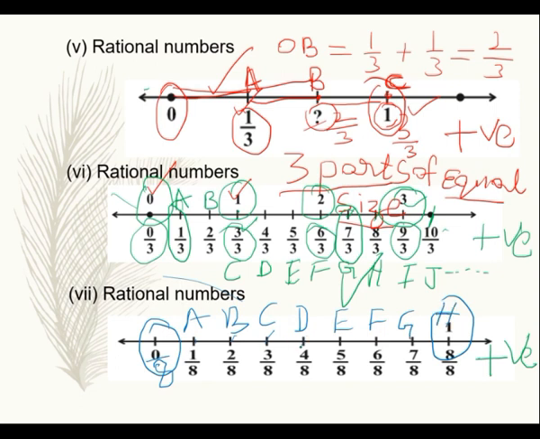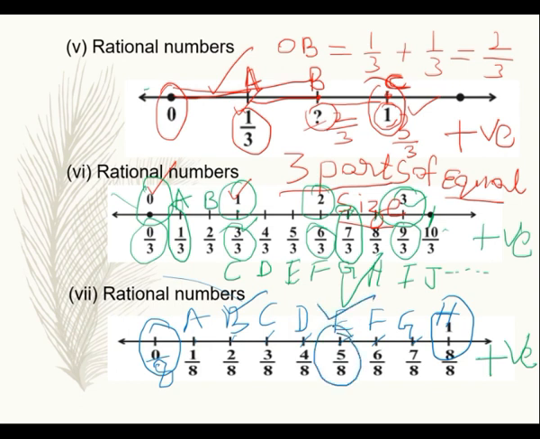Here, each point tells me how far it is from 0. A tells me 1 by 8, which means it is 1 by 8 part of the distance from 0. The point B is 2 by 8 part of the distance from 0. And C is 3 by 8 parts of distance away from 0. Like this, if I want to represent 5 by 8, which point represents 5 by 8?